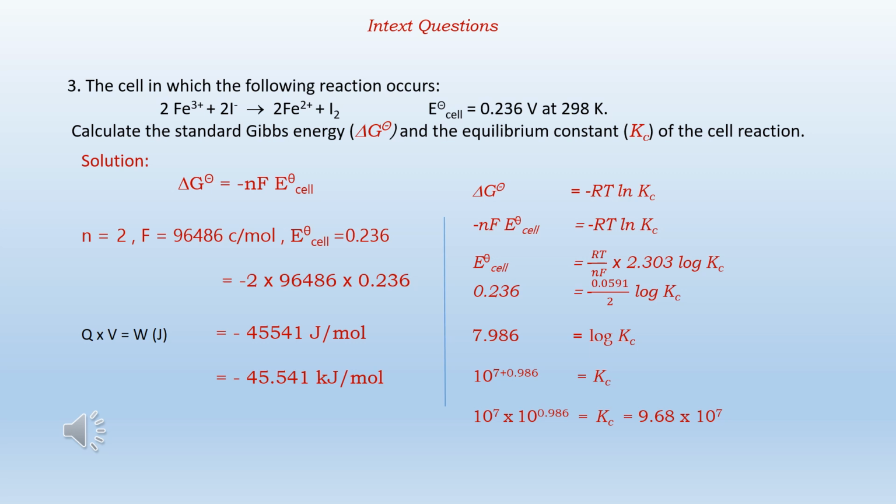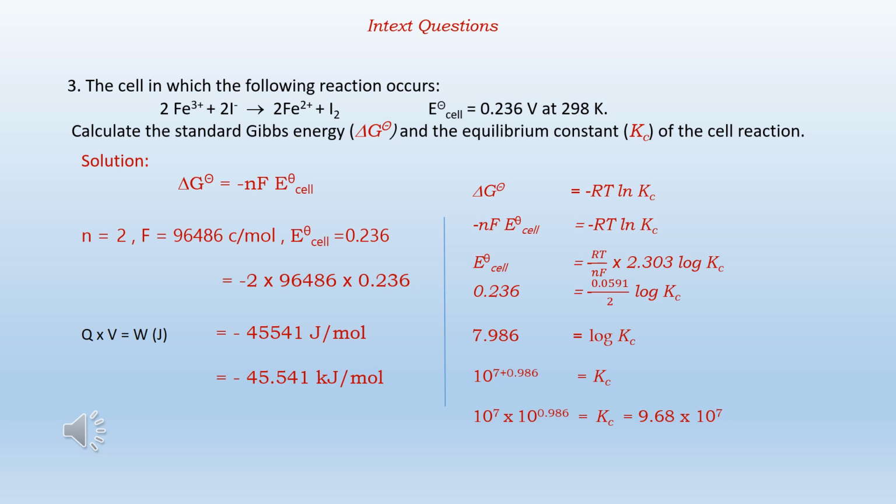It becomes more difficult for the multiplication. Since we know E naught cell is equal to RT by nF into 2.303 log of Kc, by converting that same equation, see the steps: delta G naught is equal to minus nFE naught cell. Substituting the same thing, I have converted the same formula into the regular formula. E naught cell is equal to RT by nF into 2.303 log Kc.